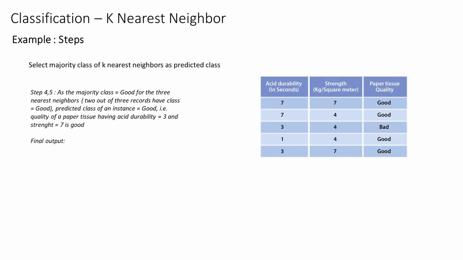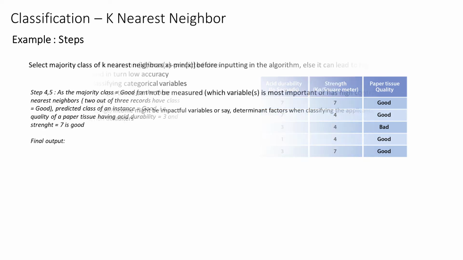KNN might be used to determine the quality of paper based on acid durability, or it might be used by a credit card company to determine which potential clients would qualify for a credit card and at what interest rate, as well as what their credit limit might be. Another situation in which one might use KNN would be if a scientist wants to predict the likelihood of a successful, repeatable outcome for a pharmaceutical compound based on previous use of a particular ingredient.